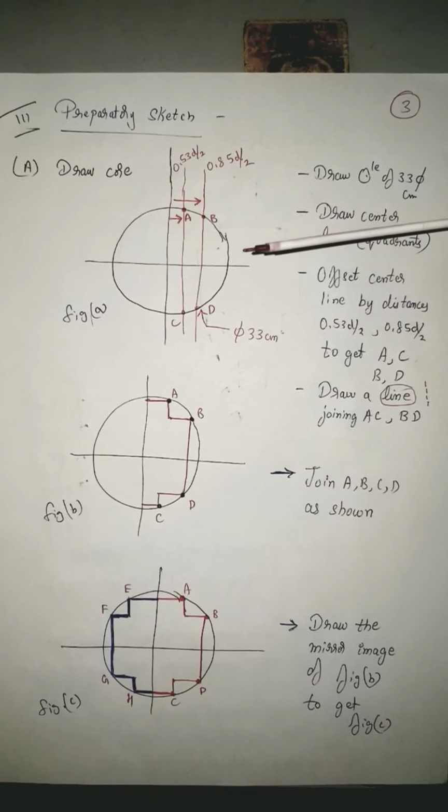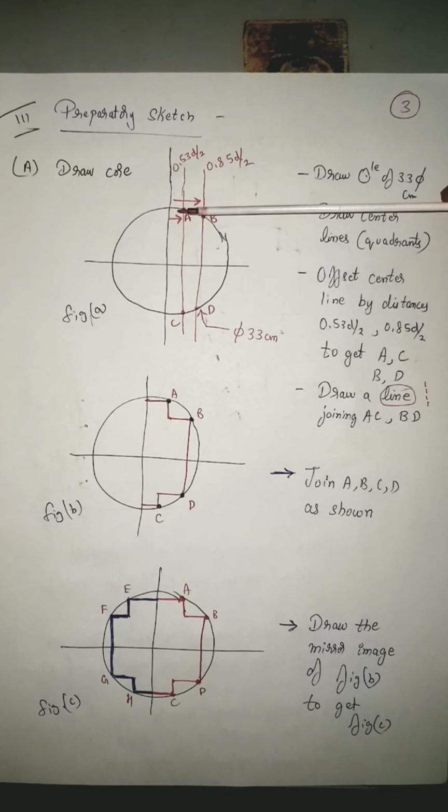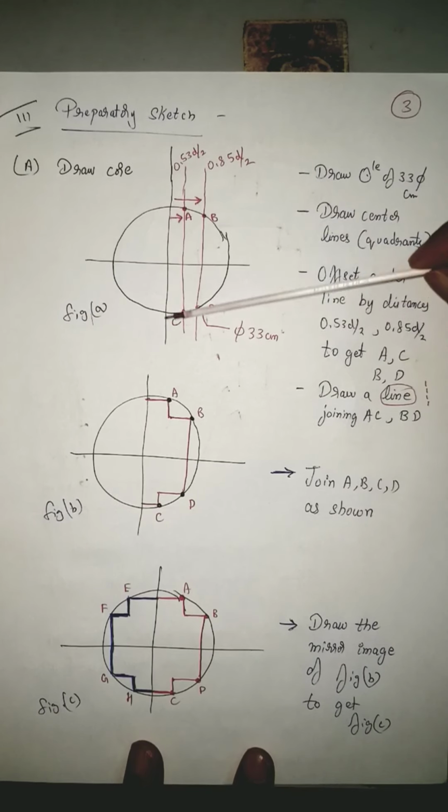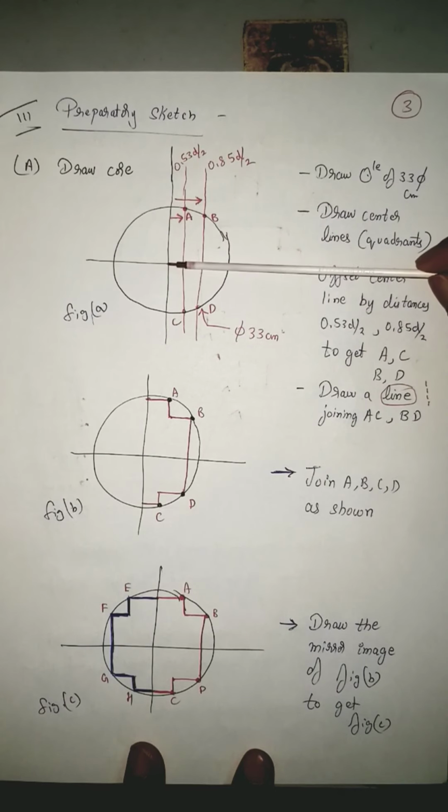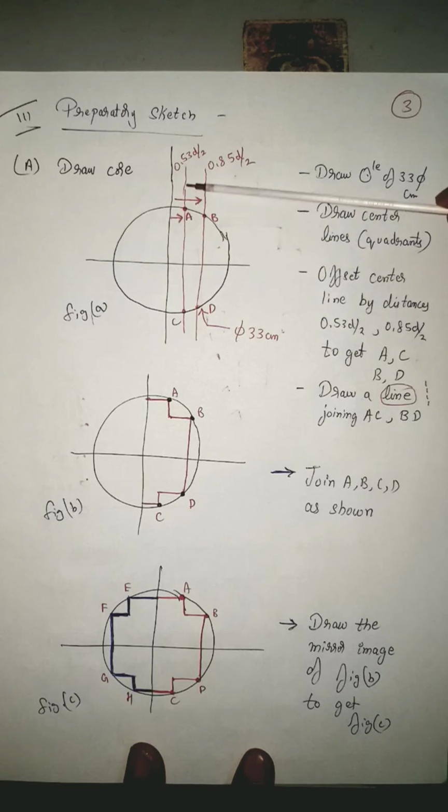See, I repeat once again. First, draw a circle of diameter 33 centimeters. Then draw the center lines. Divide the circle into 4 parts. From this center, take a measurement of 0.53D by 2. You will be getting this point. Then draw a line parallel to the center line.